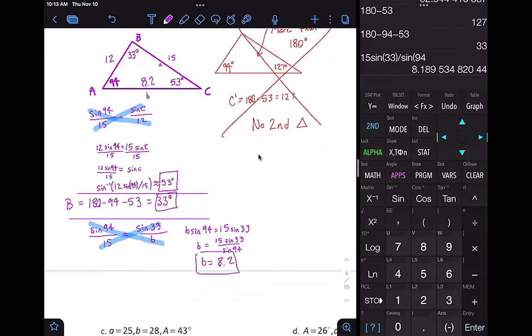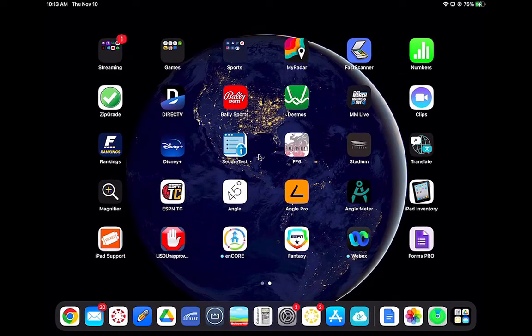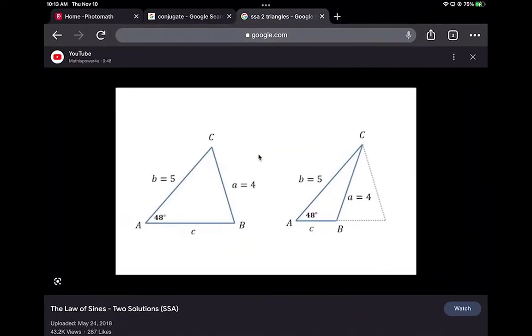Okay, any follow-up questions so far? Yeah. You want to see if there's a possibility of making that second triangle. So if you go back to our picture, I had it pulled up earlier, we could find angle B next. And angle B can either be an acute or an obtuse angle.